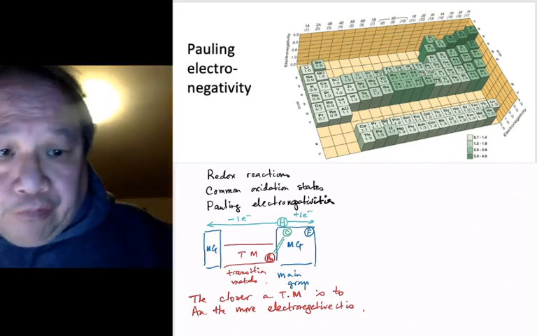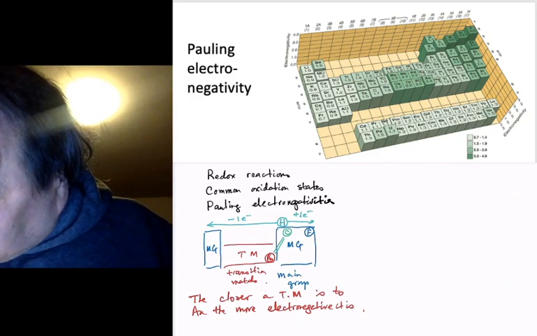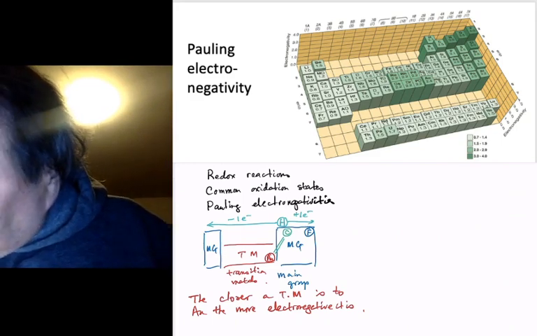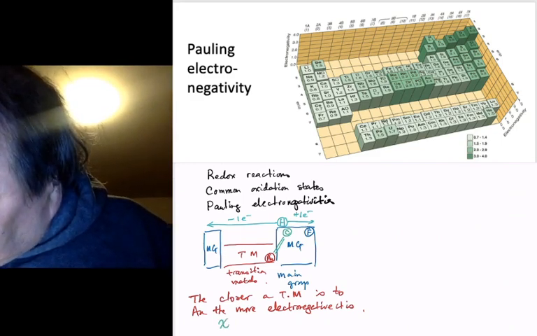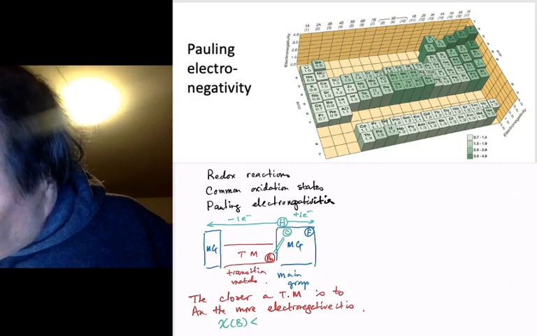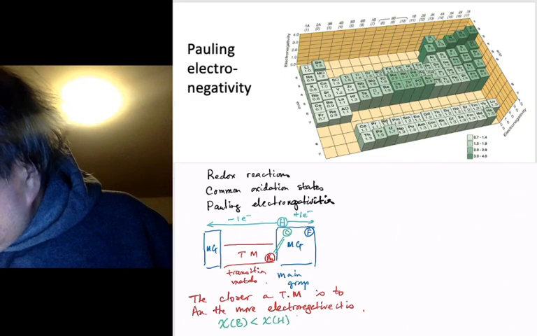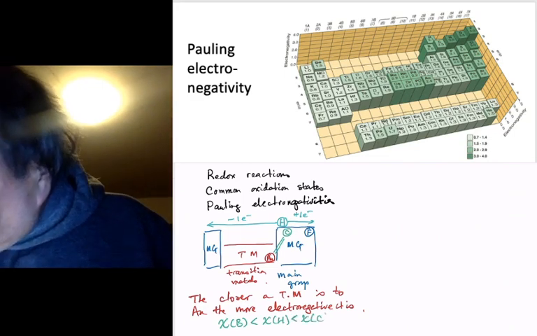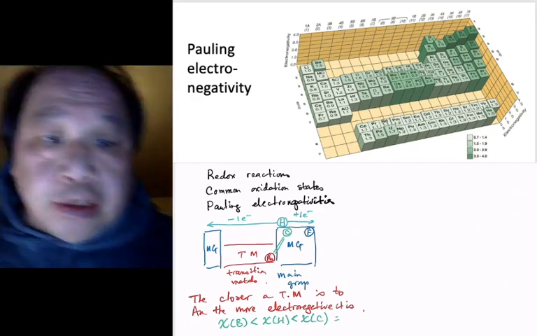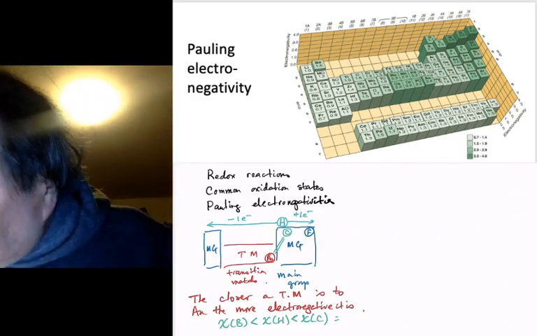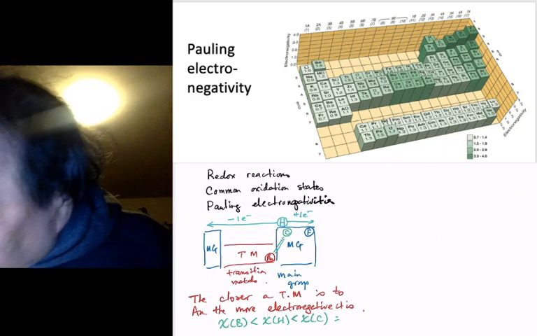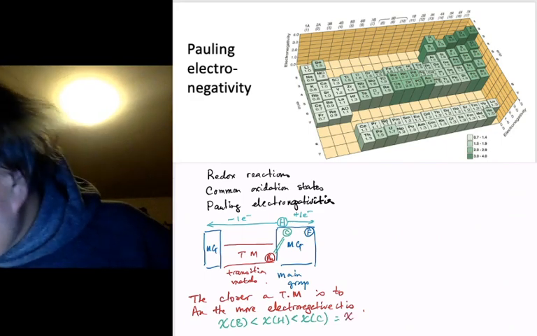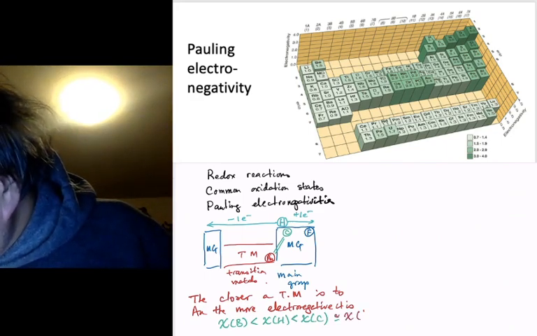If you look very carefully, you'll see that the electronegativity of boron is less than that of hydrogen, and the electronegativity of hydrogen is less than that of carbon, and carbon's electronegativity is roughly the same as what element? Please put in chat. Carbon's electronegativity is roughly the same as gold's.